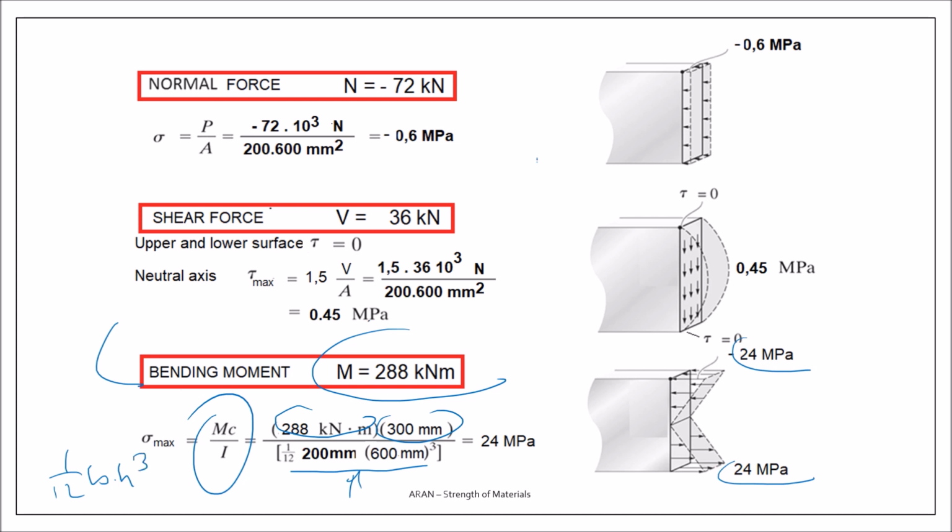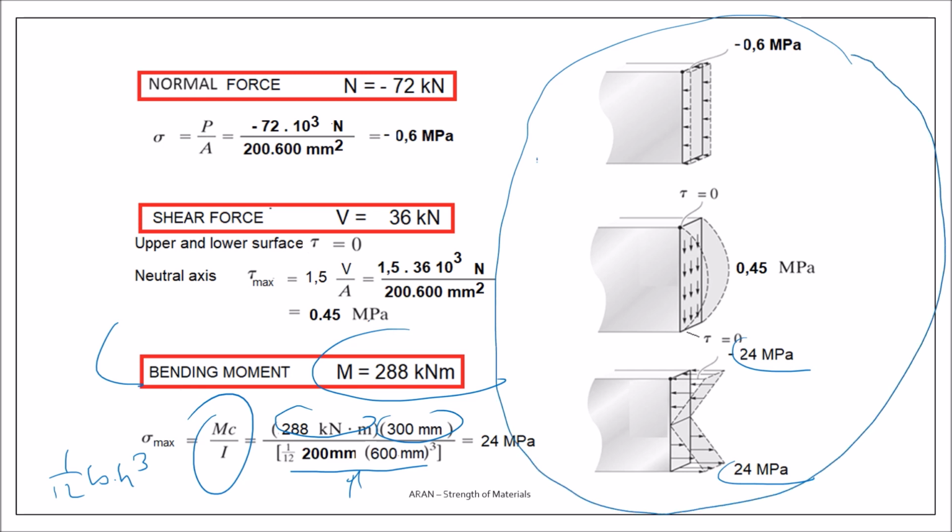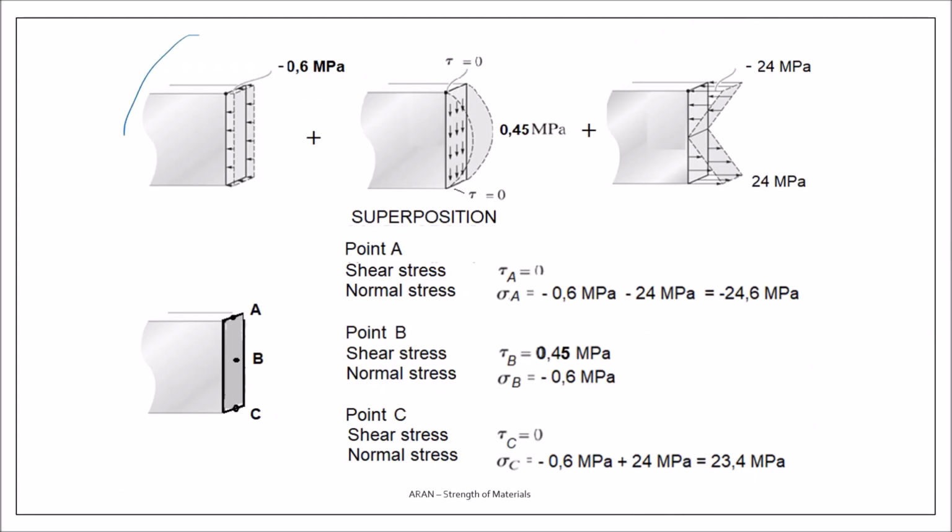Well, you see I have 3 loadings, 1 normal, 1 shear and 1 bending, and they have 3 different stress distributions. So I have to make a superposition. This one plus this one plus this one is my superposition.